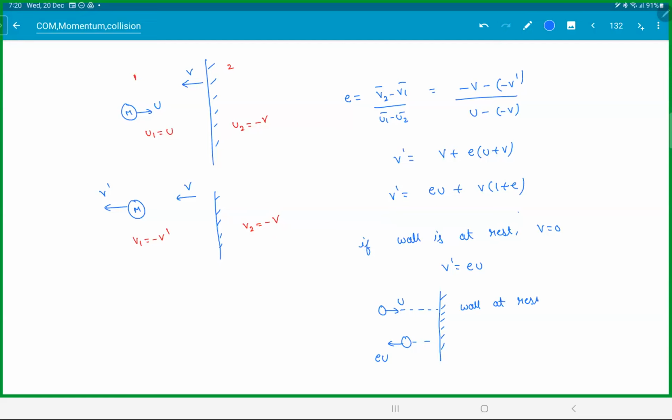Clear? Got this? Next one. Utsa, clear? Vidyut, Arjun, Aryan, Swastika, Anika, clear, right? Great. Next one.